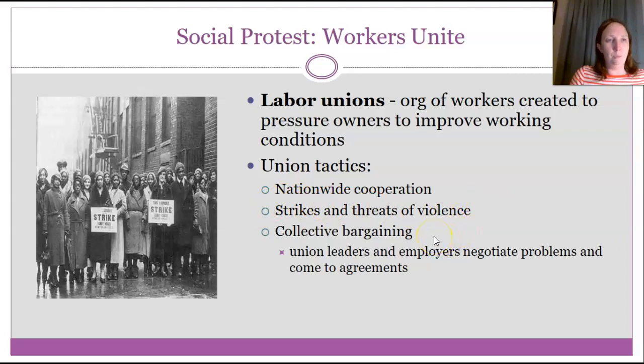And then there would be collective bargaining practices where the union leaders and the employers, like the factory owners, would negotiate about the problems and come to agreements. So things like trying to improve the hours that people worked, or the conditions that people worked, or the ages that people would be allowed to work. So that would be worked out through collective bargaining.